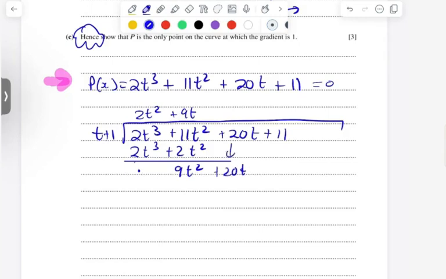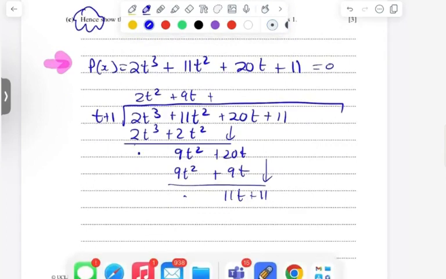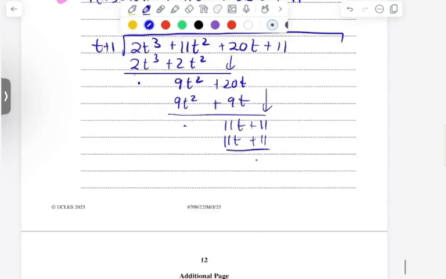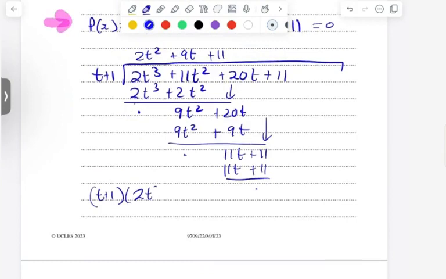Okay, so now we've got 9t squared plus 9t. And bring down an 11. Okay, becomes plus 11. So 11t plus 11. So then there's no remainder. So now I've got t plus 1 and 2t squared plus 9t plus 11.